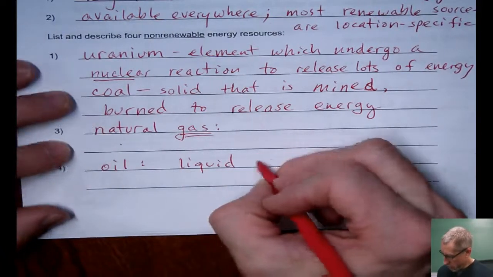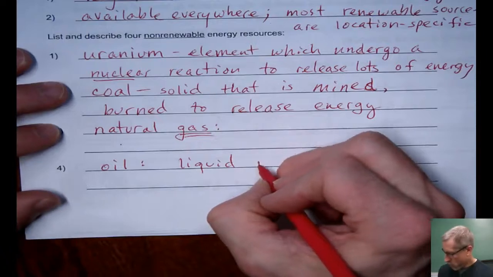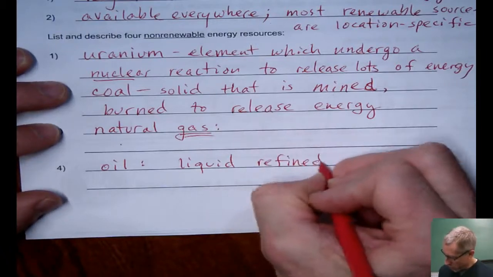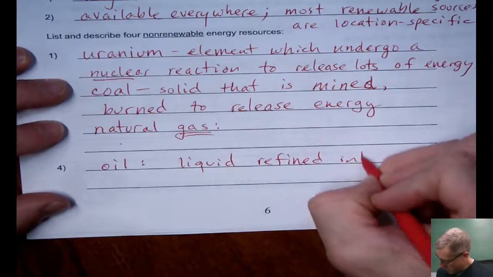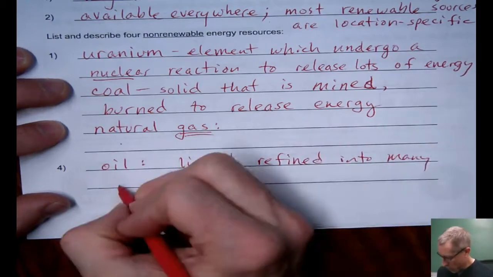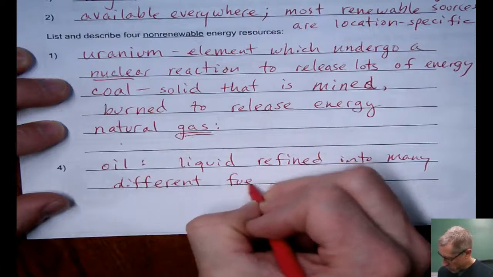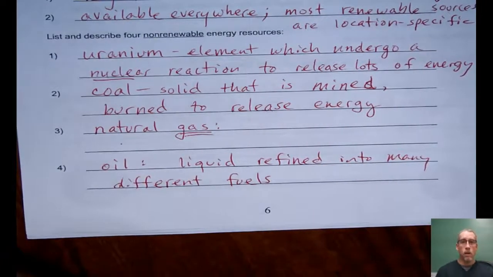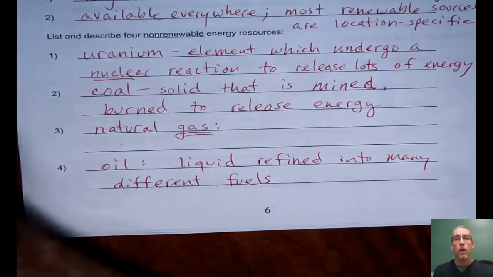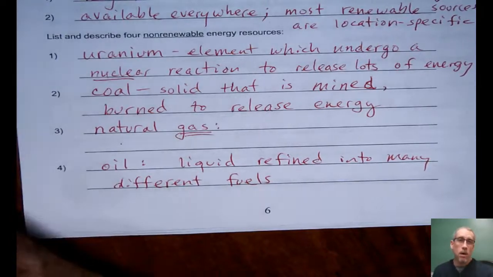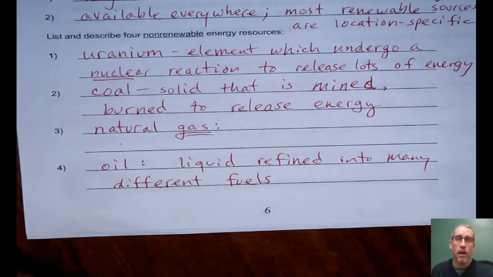The oil goes through a process we call being refined into many different fuels. So gasoline is one of the things we get from oil, as is kerosene, butane, you might have heard of, like small butane lighters, propane, like for the propane tanks you use on a grill or for a torch. So all of those different kinds of fuels come from oil.